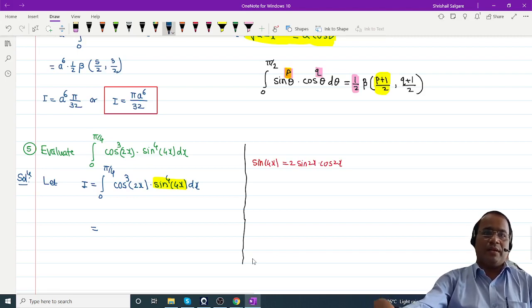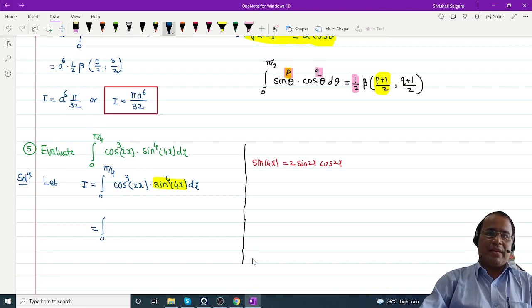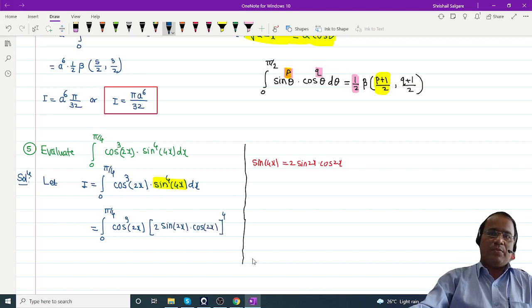So this same integral we will write 0 to pi by 4. First term, cos cube, as it is. Now for the second one in bracket I will write sine of 4x as 2 sine of 2x into cos of 2x, whole bracket raised to 4, dx.